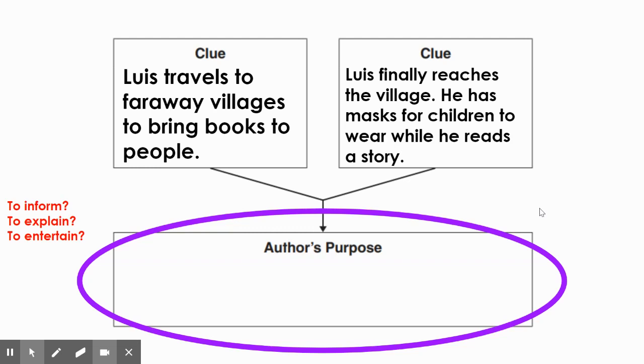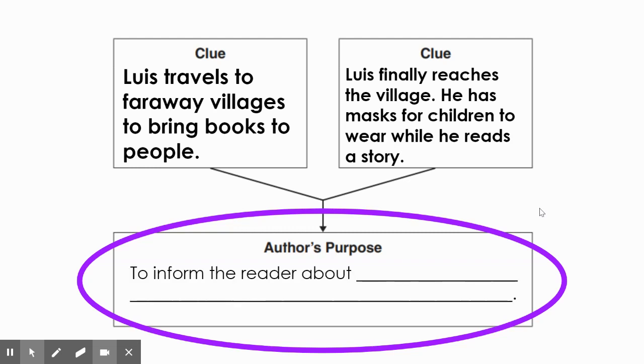So, when you think, what was the author's purpose? Was it to inform, explain, or entertain? What do you think? That's right, it's to inform the reader. The author is teaching us something about someone's life.